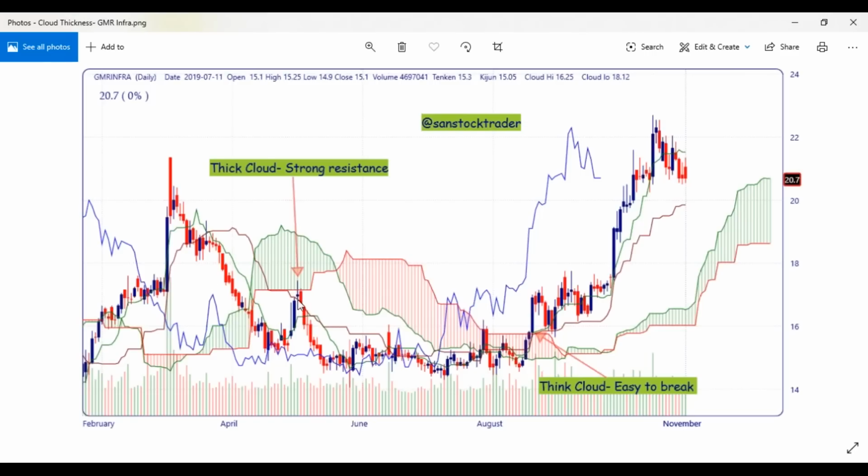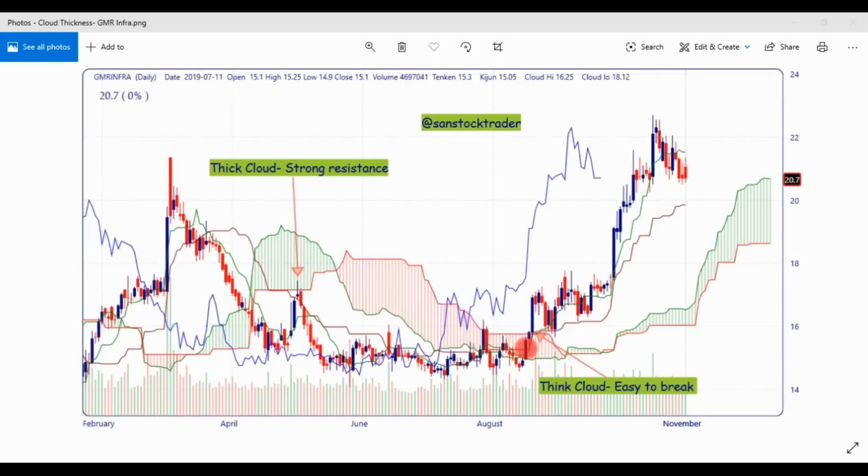Look at this. When price touched the cloud, at that time cloud thickness was really high. At this point the cloud thickness was very high, so there was a high probability that price will get resistance in this zone. Next, see what happened.